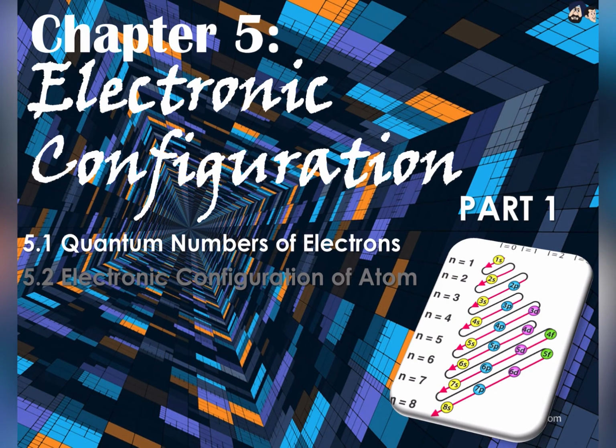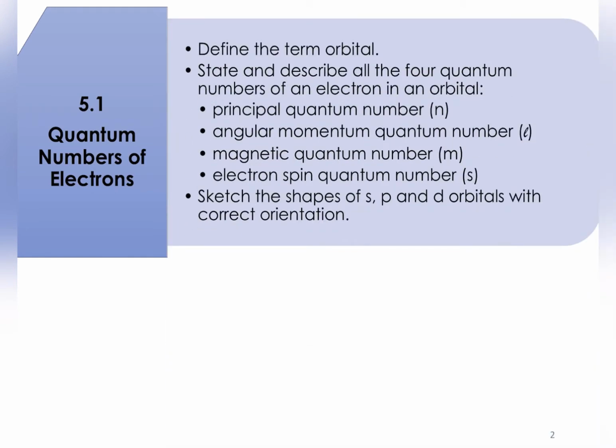Alright, so let's go to the descriptions of this chapter. For subtopic 5.1, quantum numbers of electrons, we are going to learn a few things here.